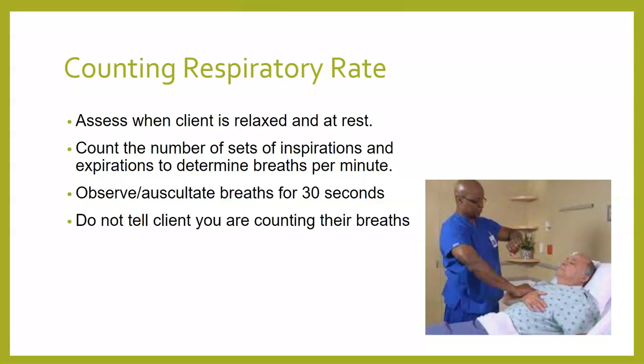Then for your respiratory rate, you're going to listen for that other 30 seconds and count how many times they're breathing in those 30 seconds, and then multiply that by 2. So that's an easy way to get both of those done at the same time.